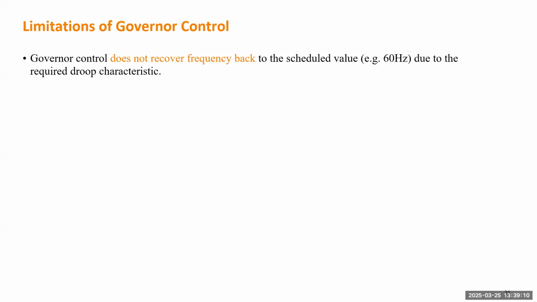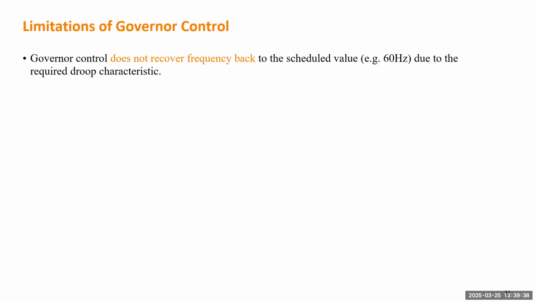So governor control does not recover frequency back to the scheduled value. If it starts from 60 Hertz, any load change will deviate the frequency from 60 Hertz. By using the governor control, there's no way you can go back to 60 Hertz. Why? Because the governor control is basically a proportional controller, based on the droop control.